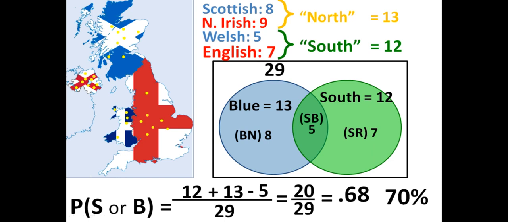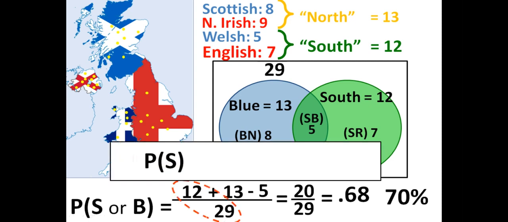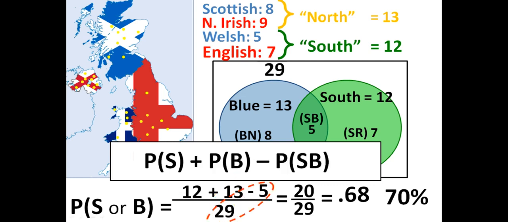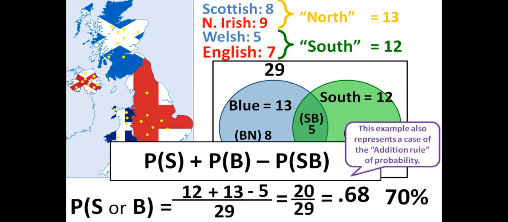Alternatively, we can express this probability as the probability of S plus probability of B minus the probability of S and B, all of those computed independently. And this is another case of what is known as the addition rules of probability, along with the previous example in which we did not need to subtract anything, since, unlike in this case, we dealt with independent sets of events.